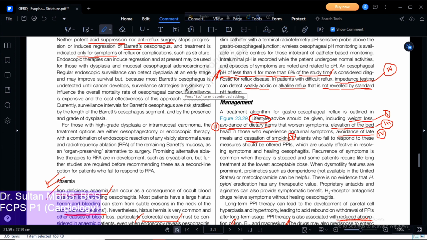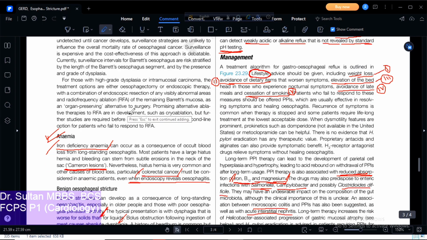So if you find a person with features of GERD like heartburn, regurgitation, heartburn when they bend or lie on the bed, and on routine investigations like complete blood count you see the hemoglobin has been reduced and it is a microcytic hypochromic anemia, you have an important clue that this is iron deficiency anemia associated with reflux disease.